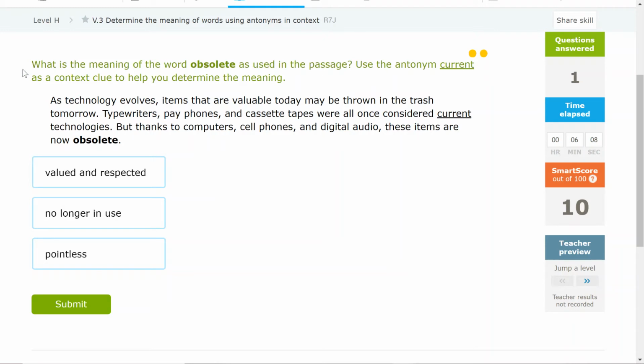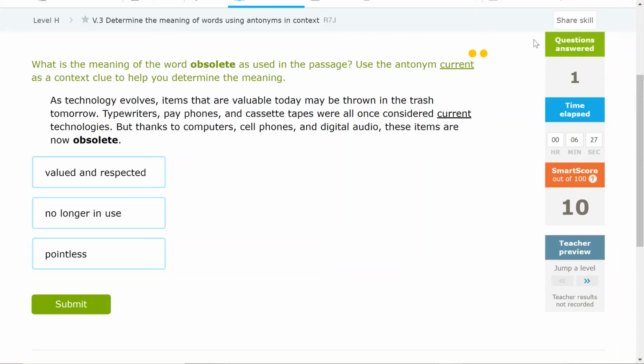Now, what is the meaning of the word obsolete as used in the passage? Use the antonym current as a context clue to help determine the meaning. So because current is its opposite, let's try to guess what obsolete means based on that. Notice, I have not told you what obsolete means, and I haven't used a dictionary. I'm actually just using the context to figure this out. So it says obsolete, valued and respected.